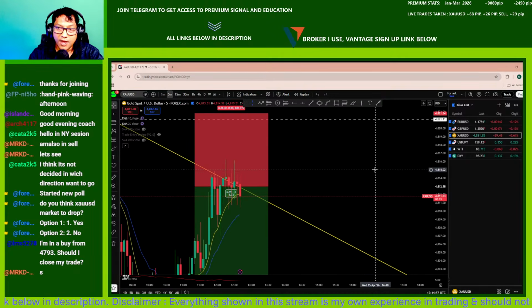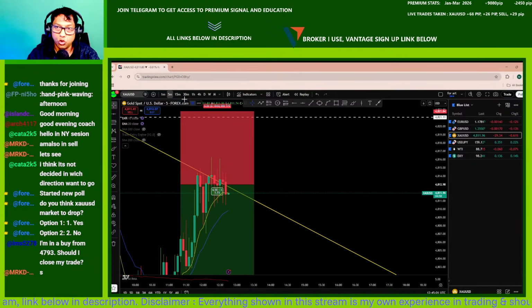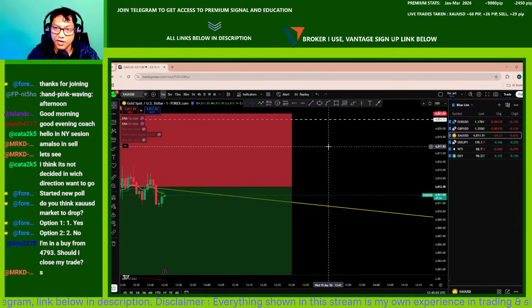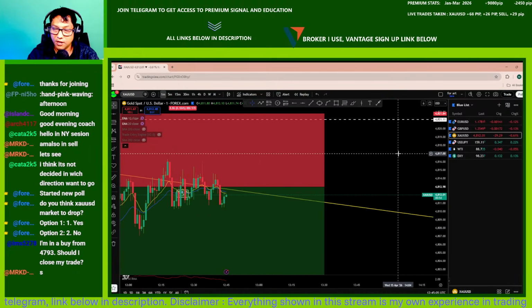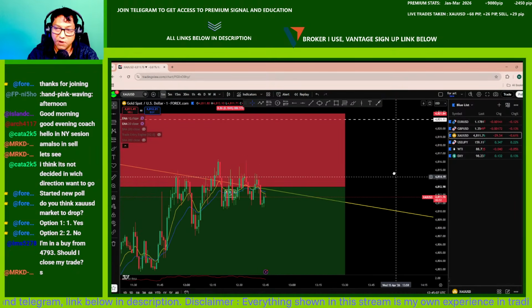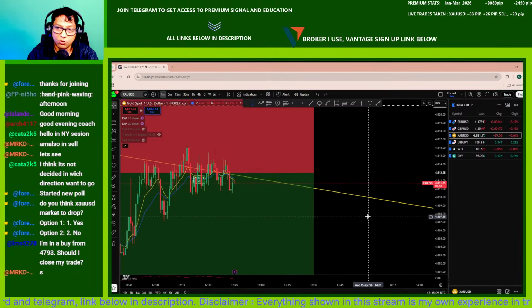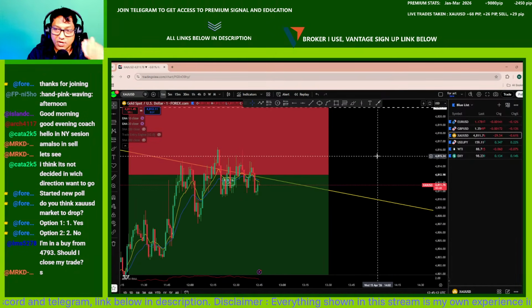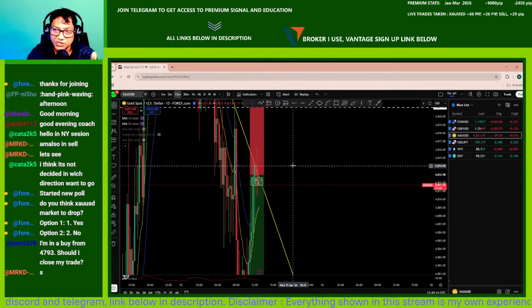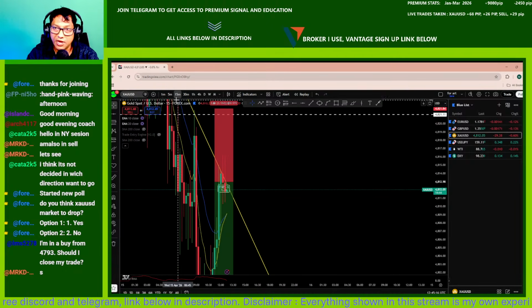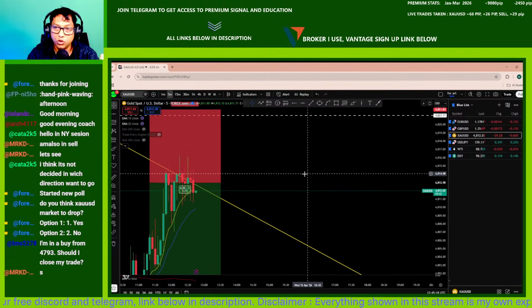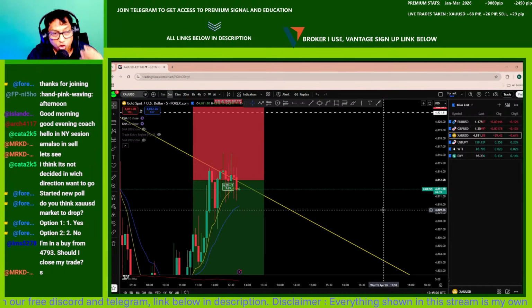So now as the market is moving, our goal is to make sure that we are remaining in the high probability zone. You can see the market slowly creating a downtrending structure, and from this high here, slowly breaking below, and this is what we want, to make sure that we are trading with the trend.